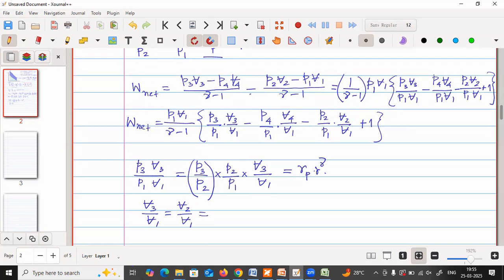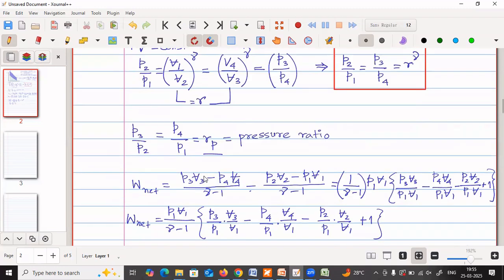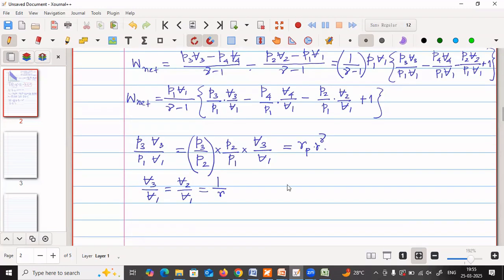And what is V2 by V1? V2 by V1 is equal to 1 by R, because V1 by V2 is equal to R. So this will be multiplied by 1 by R. Therefore, it is Rp into R to the power gamma by R. The first term.